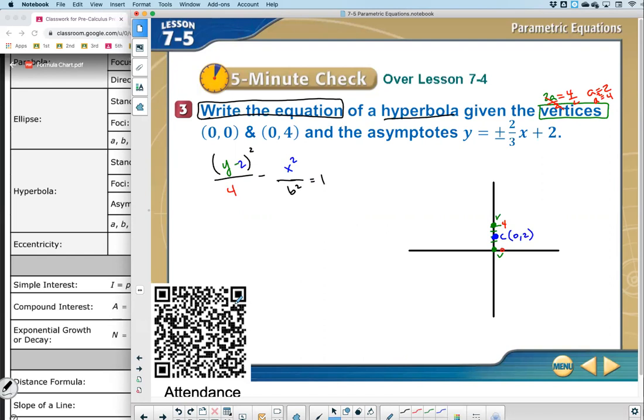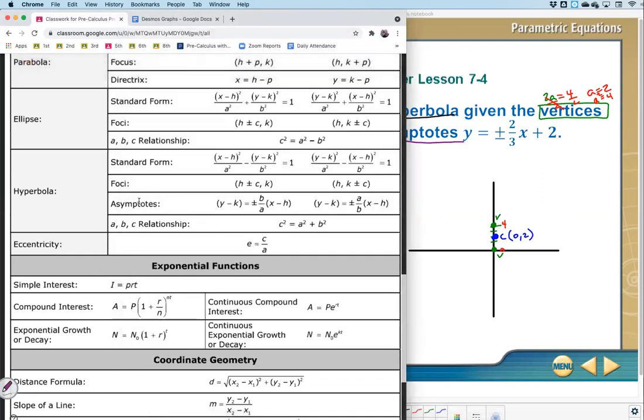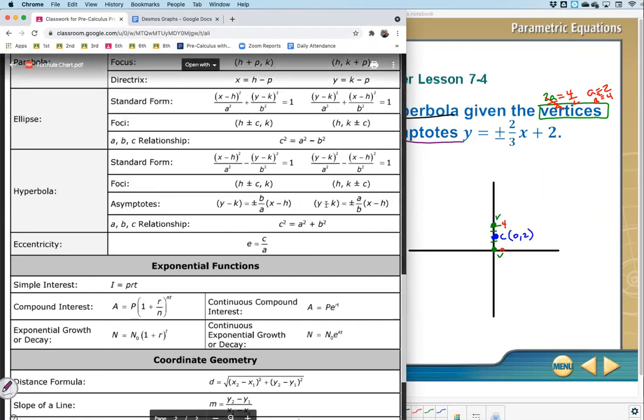All right, the only thing left is this asymptote. Now, asymptotes are very helpful. They come from the formula chart. If you go to the formula chart, the asymptote is shown in point slope form. What I want to show you is, if you note, one formula has b divided by a, the other has a divided by b.